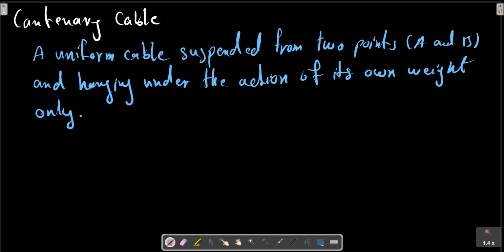We will show in this limiting case that the cable assumes a curved shape known as catenary. The cable assumes a curve.